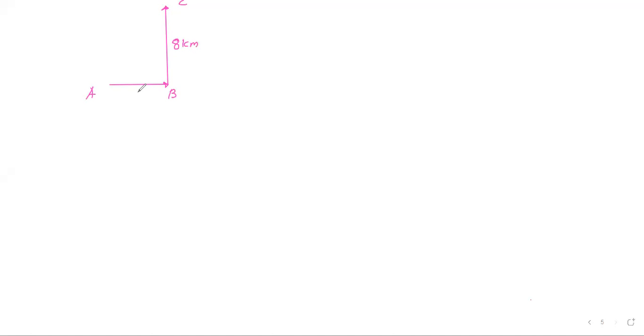And then he moves here 6 kilometers. Now, you can say that from C to A is a resultant vector. C to A constitutes a resultant vector. And if this is perpendicular, you can use Pythagoras.